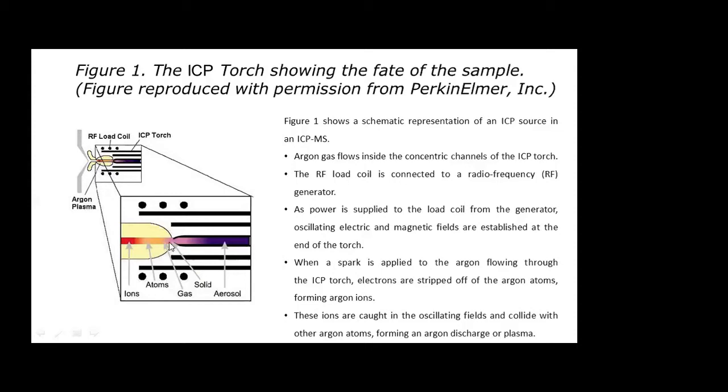So these are the atoms. This is the center of the tube where the aerosol of the sample is thrown up. And here we have the ions that are generated from these atoms. When these atoms reach the end of the tube where there is a rapidly changing magnetic field, the electrons are stripped off and the ions are generated. Because of this, argon plasma is induced.